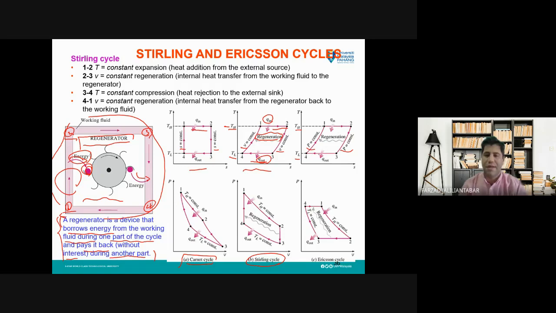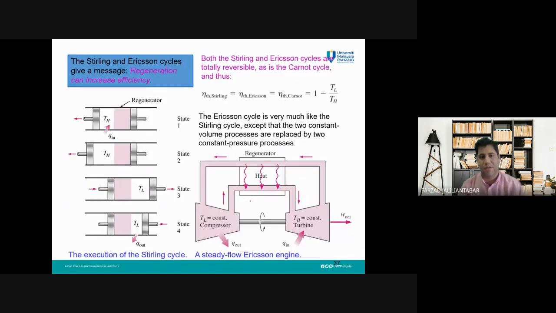These are the processes we have in the Stirling and Ericsson cycles. But how do these two types of cycle actually work in the real world?